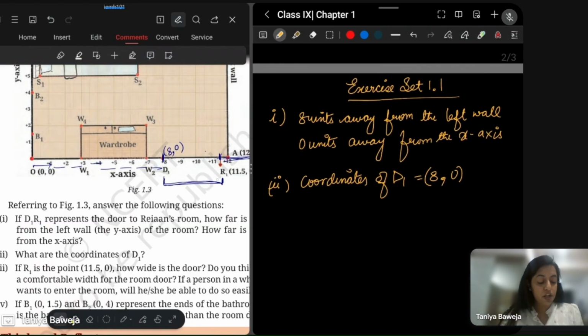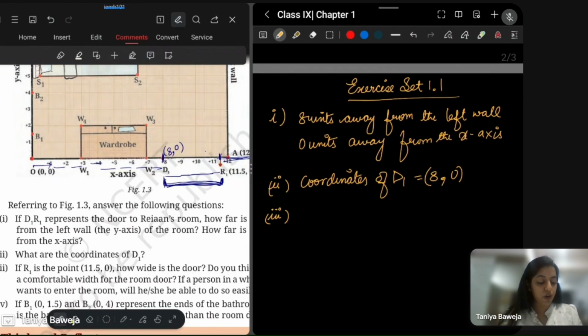To find this, what are the coordinates of D1? 8, 0. And of R1? 11.5, 0. To find this portion, look, 1 unit, 2 units, 3 units, still 11 and 0.5 because R1 is at 11.5. So how much is the distance? How wide is the door? 3.5 units.